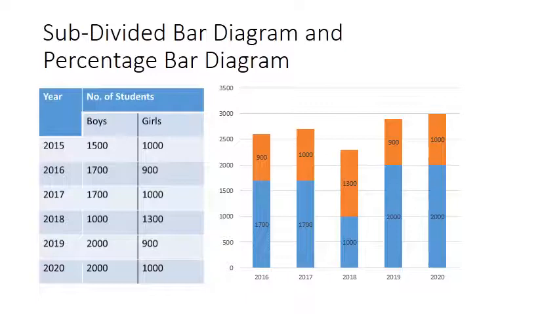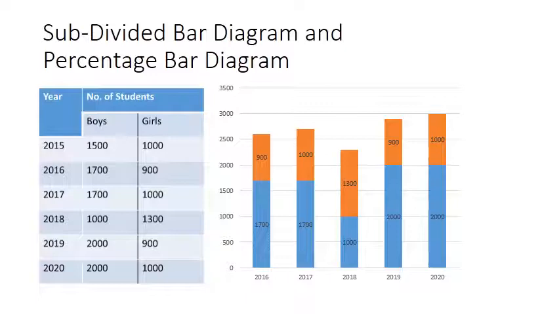You can see in 2016 the number of boys and girls, 1700 boys and 900 girls. 1700 boys plus 900 girls, total is 2600. So the height of the bar will be up to 2600. So we are showing both boys and girls in the same bar, but we have divided that bar into boys and girls. So then it is known as subdivided bar diagram.